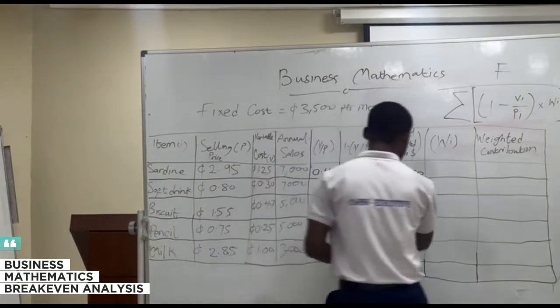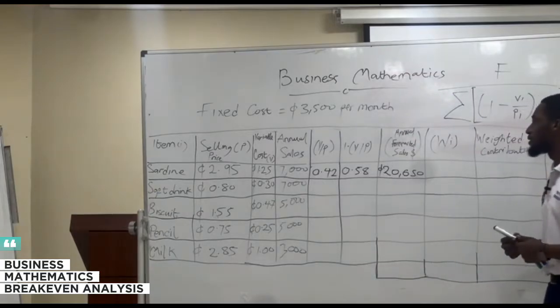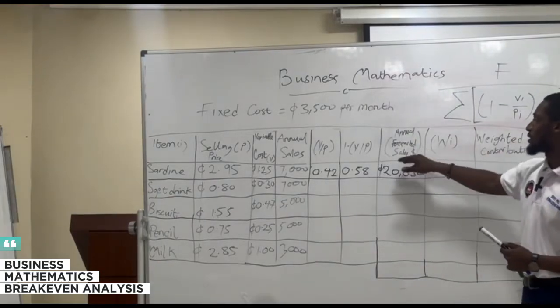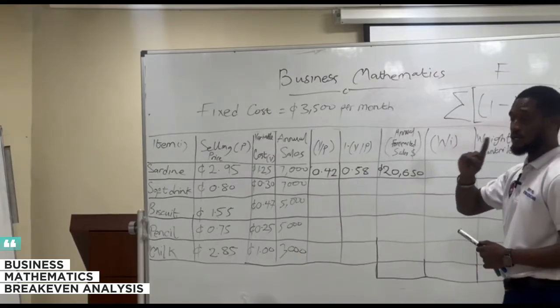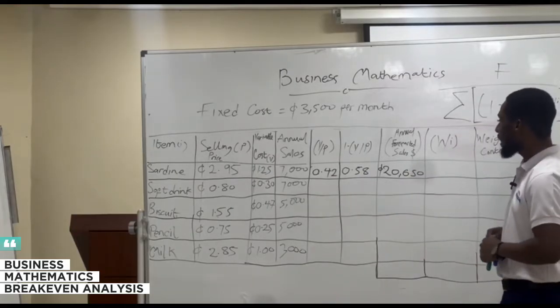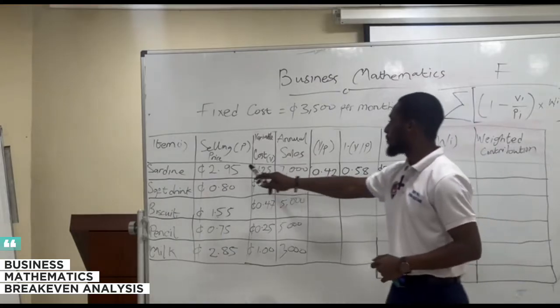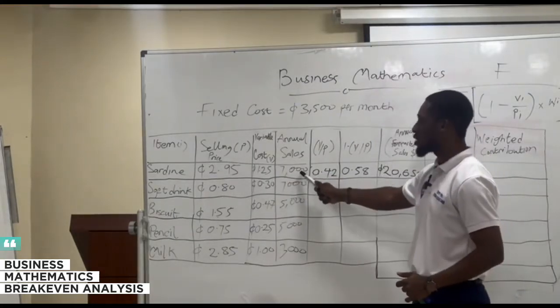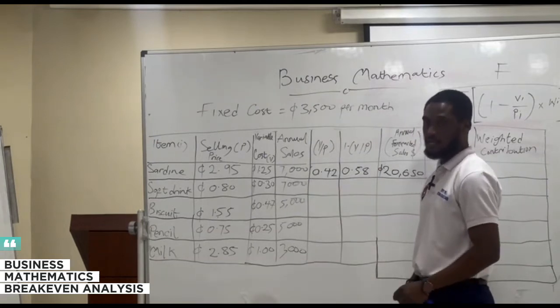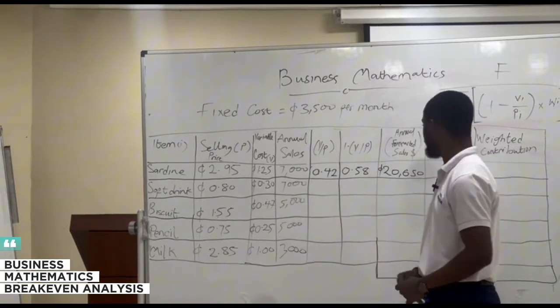We will get 20,650 cedis for the annual forecasted sales of sardine. Please, for the annual forecasted sales, you multiply the annual sales by the selling price.